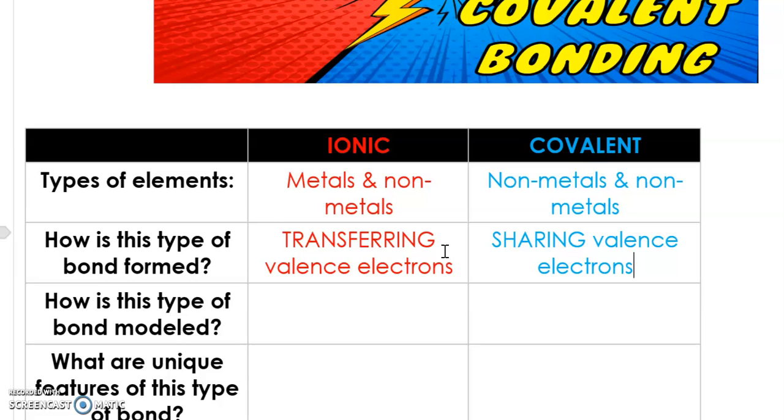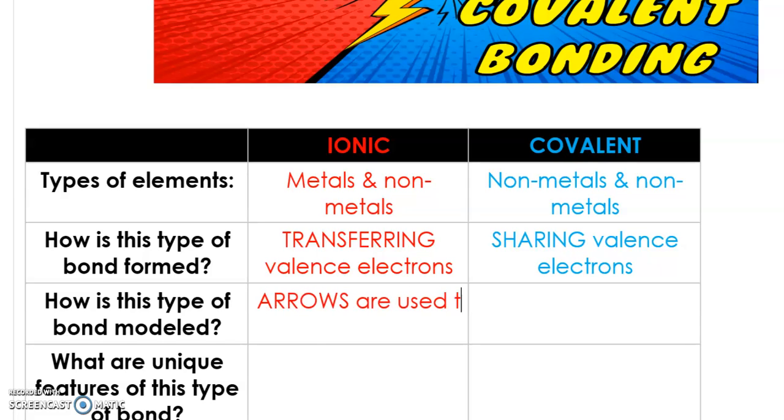Now, these two types of bonds are modeled slightly differently to basically show that it's transferring or that it's sharing valence electrons. So in ionic bonds, to show that electrons are being transferred from one atom to another, we are using arrows to show that metals are giving up electrons where nonmetals are receiving electrons.